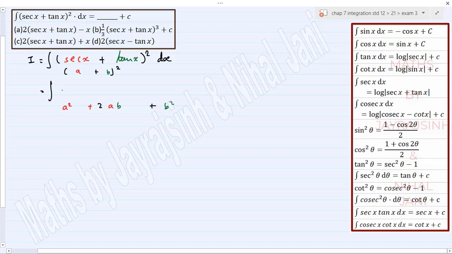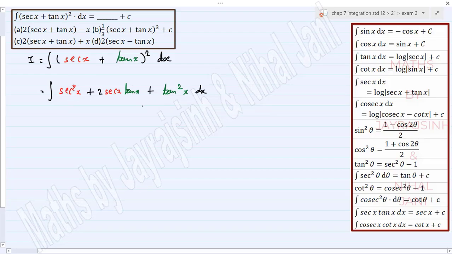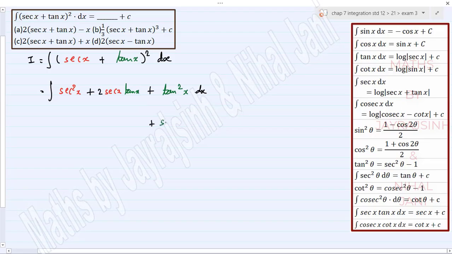So here we'll get sec square x plus 2 times sec x tan x plus tan square x. Now the first two terms can be easily integrated, but to integrate tan square x we have to convert it into sec square x minus 1.